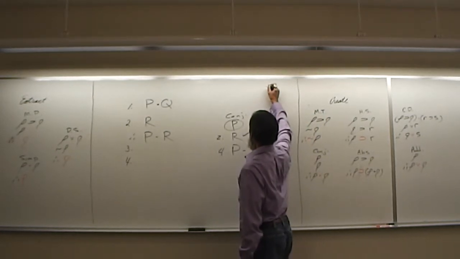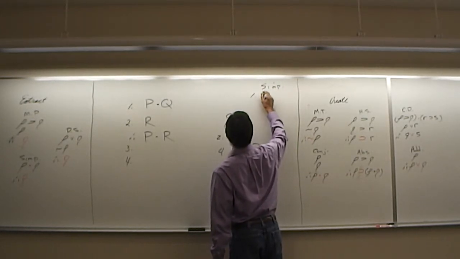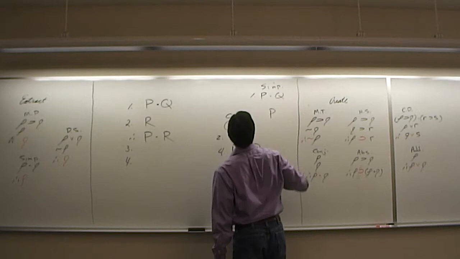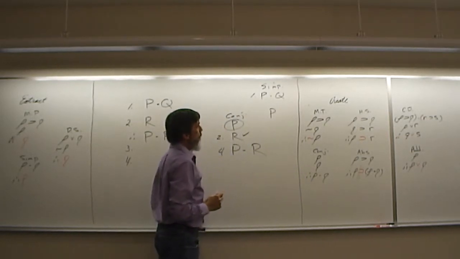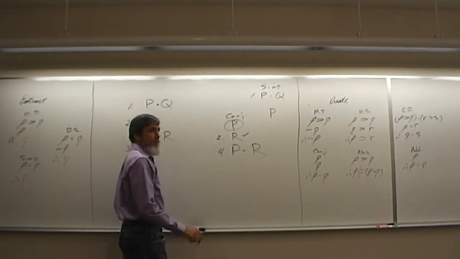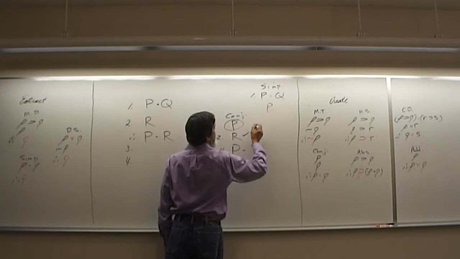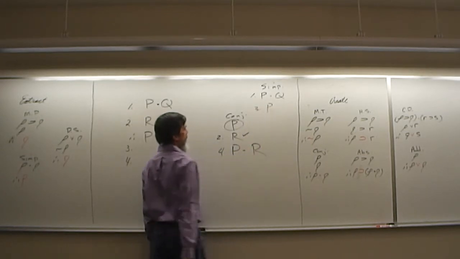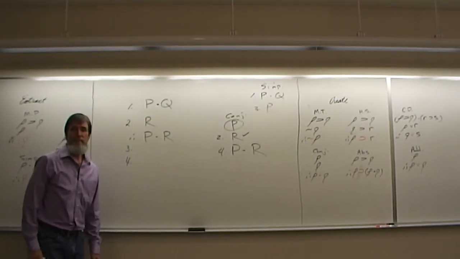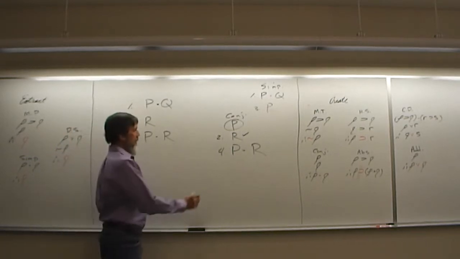Okay, so we plan to extract P from line 1. So again, I'm keeping track of my notation there, okay? P therefore is going to be line 3. It's the next to the last step of the proof. So I'll put my 3 here as well.